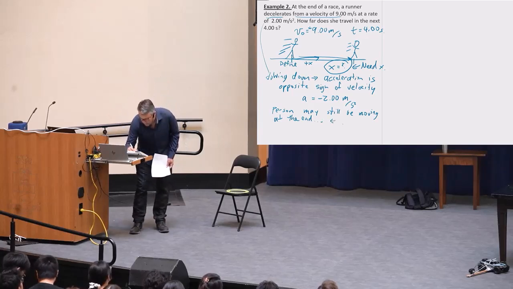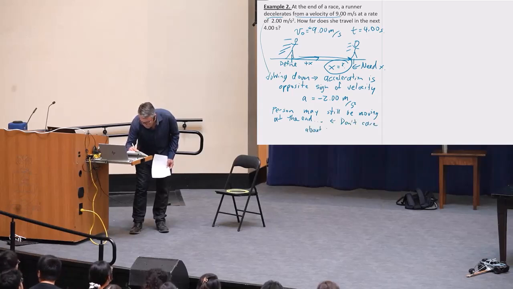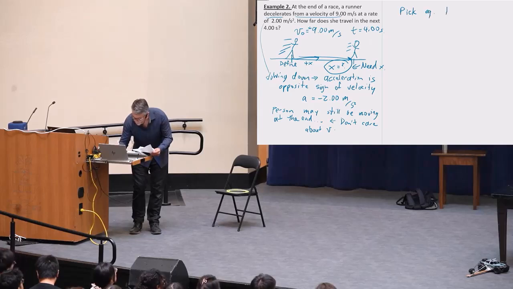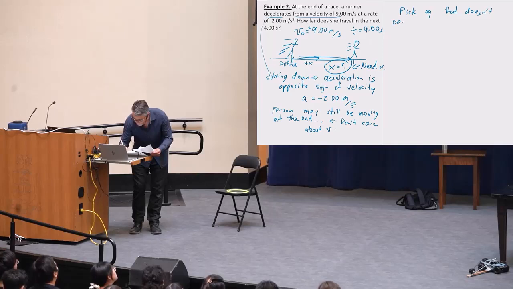But basically, we don't care about v. So let's pick the equation that does not contain the final velocity.